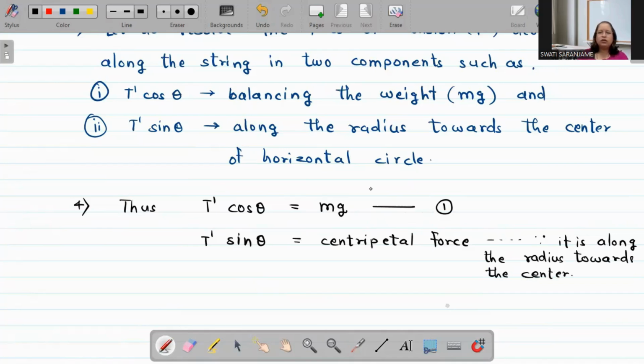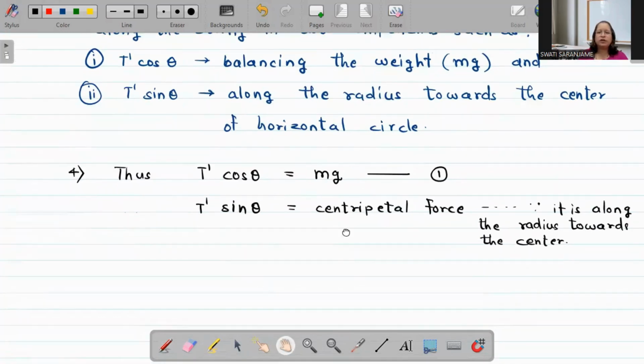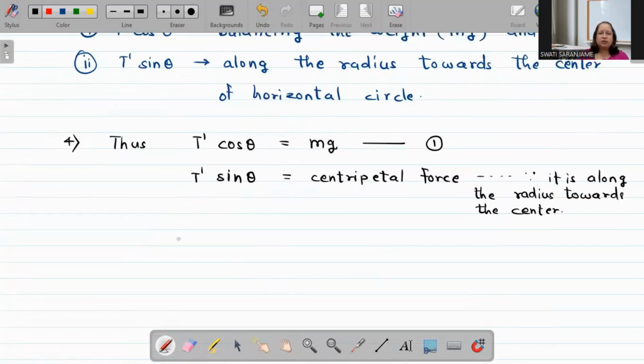We know the expression for centripetal force is m r omega square. So we can write T dash sine theta equal to m r omega square. Let us call this equation 2.